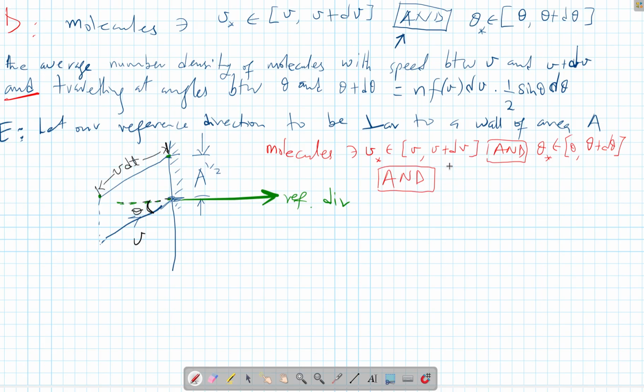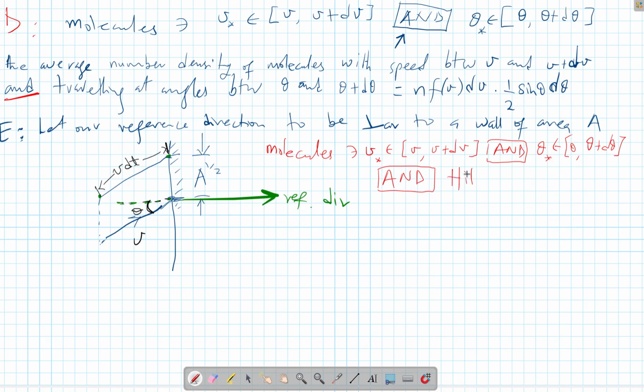So out of the so many molecules with these properties, v in this range and theta in that range, not all of them are going to hit the wall. So we want only the ones which are going to hit the walls.